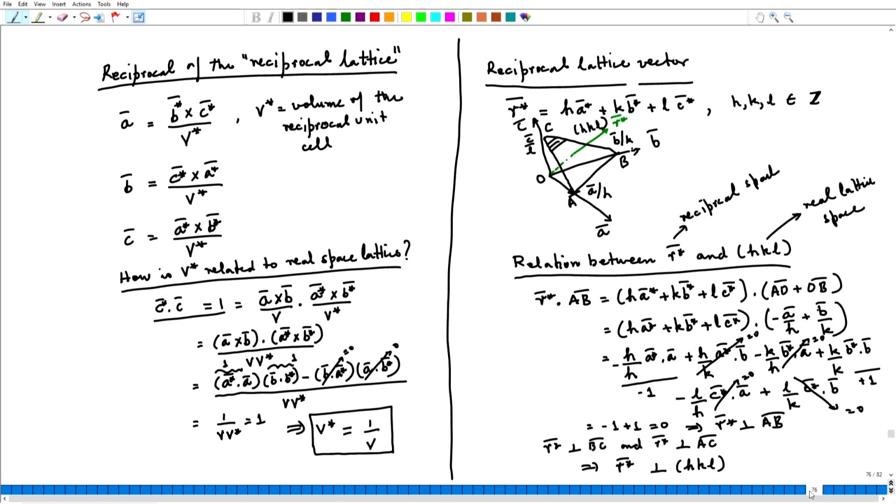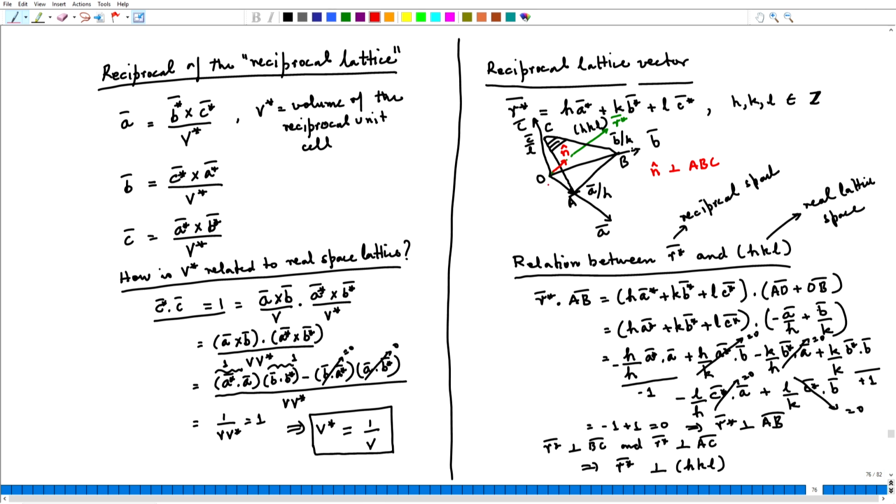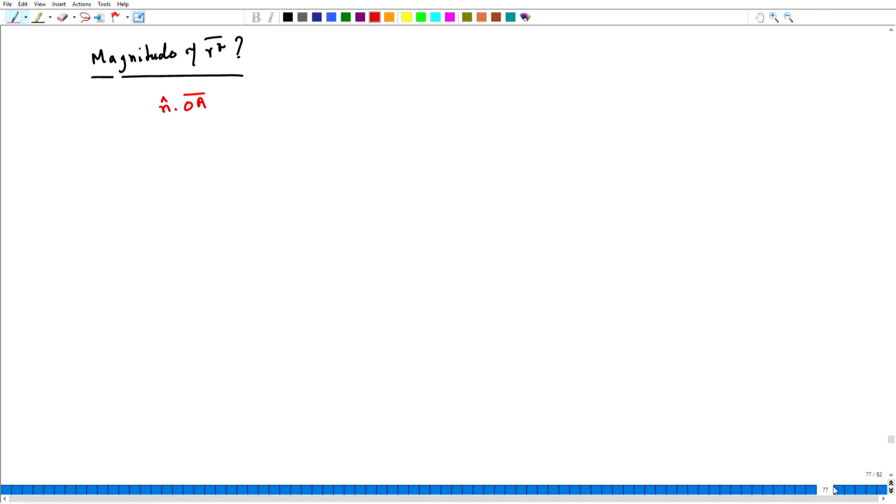Well, let us take a unit vector n, and this unit vector n is perpendicular to the plane ABC. Then very clearly the dot product between the unit vector and the vector OA, going back to the figure again, vector OA is this, the dot product between the unit vector n and OA would be nothing but the interplanar spacing of the plane HKL.